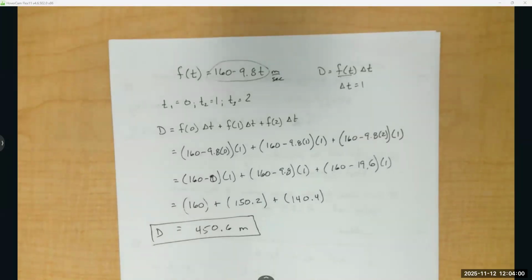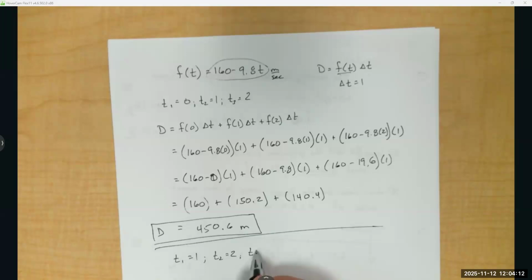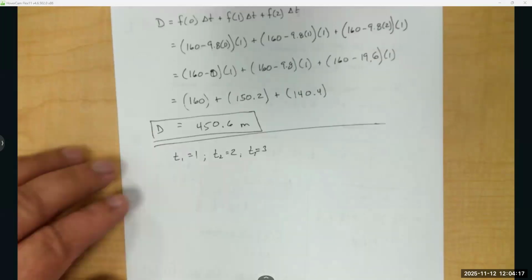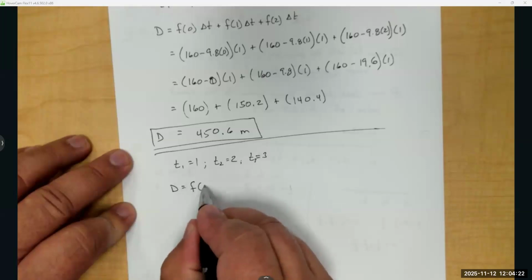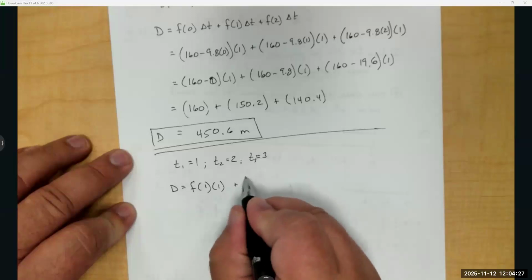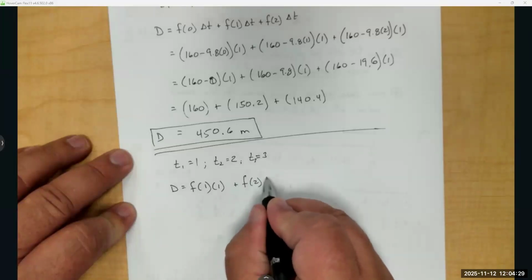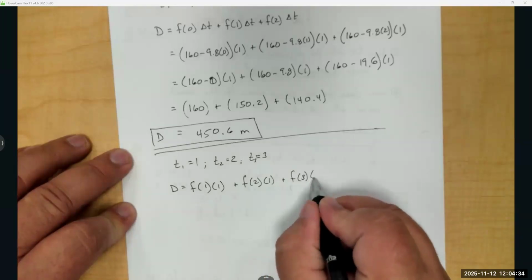So that's when t is on the left. We're using the left side there. Now let's look at the next ones where t1 is 1, t2 is 2, and t3 is 3. f of 1 times 1, f of 2 times 1, f of 3 times 1.